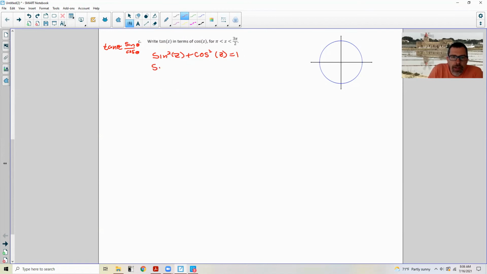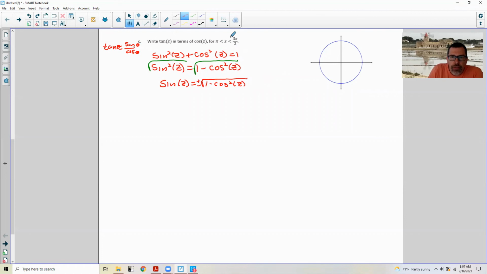So I'm going to say sine squared z equals 1 minus cosine squared z. Okay? And in order to get sine all by itself, I take the square root of both sides. So that is going to give me the sine of z equals plus or minus the square root of 1 minus cosine squared z.